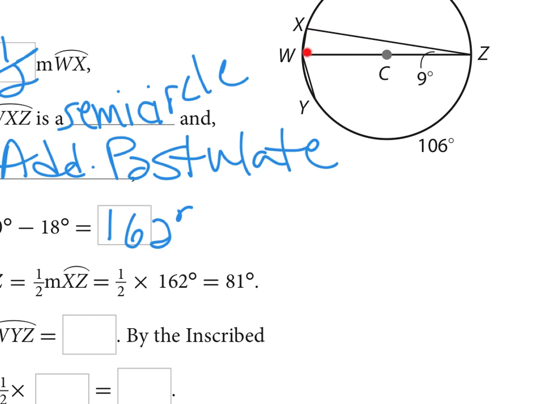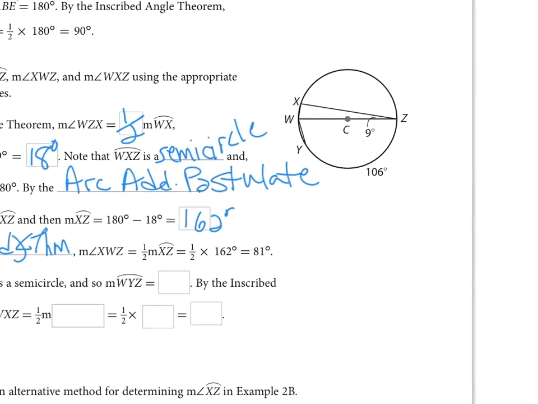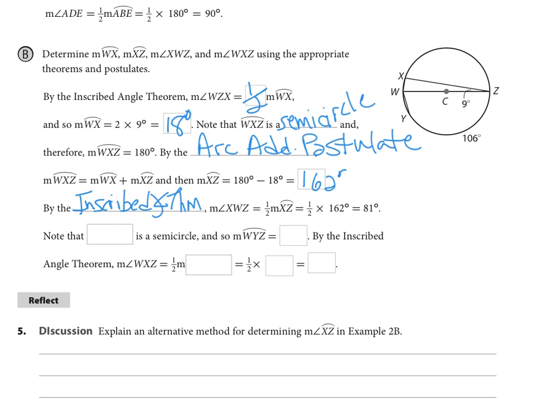There actually is an inscribed angle there that we're trying to find, angle XWZ. So we use the inscribed angle theorem. Remember, we did 180 minus 18, and we got 162 out here. And so half of that translates back to that corner right there, which is our angle XWZ, so that's 81.